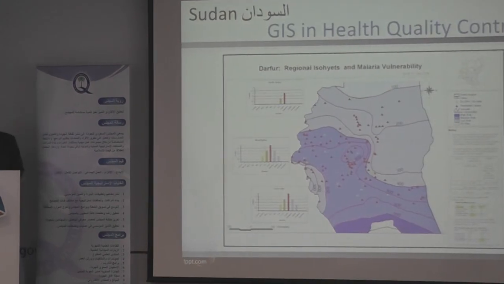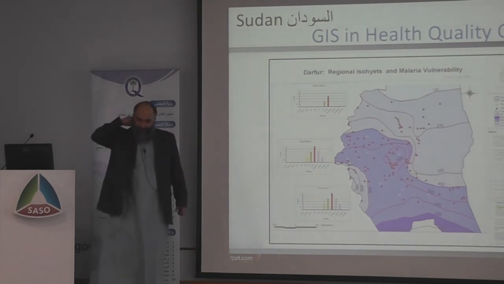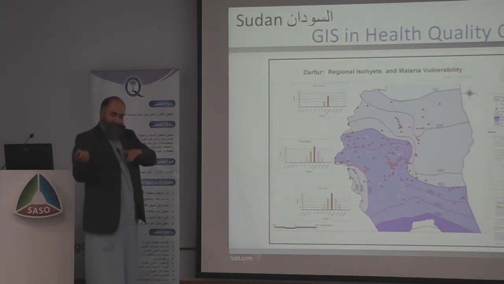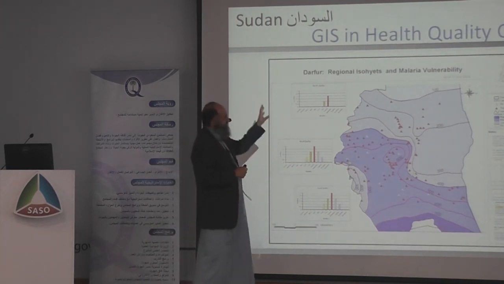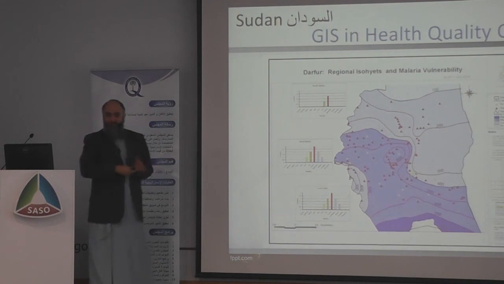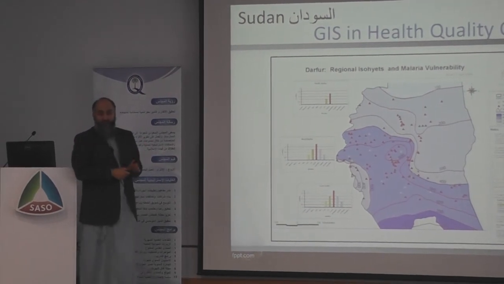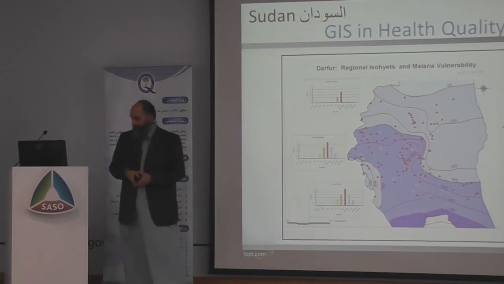GIS and health quality control, and this was in Sudan, and this was not Wail, the second one. He did this one for malaria in Sudan and how they use GIS for it. And the same GIS technology was used in France for cancer diseases as well.